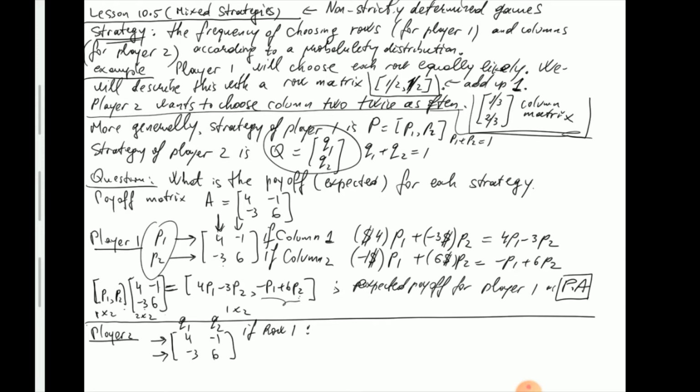I was looking at the wrong thing. So if player 1 will choose row 1, then the payoffs are going to be 4 and minus 1, with probabilities Q1 and Q2. So therefore you have $4 times Q1 plus minus $1 times Q2. That's 4Q1 minus Q2.